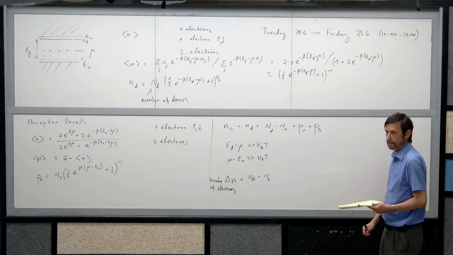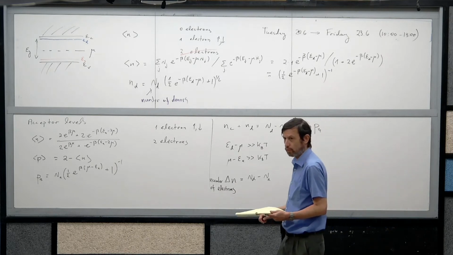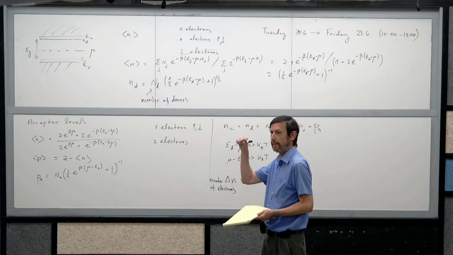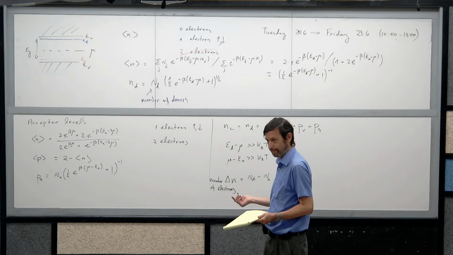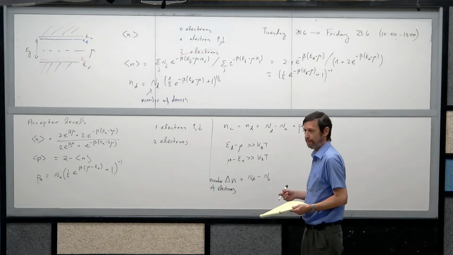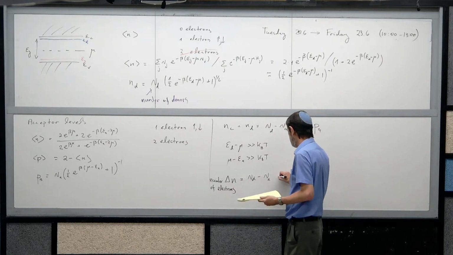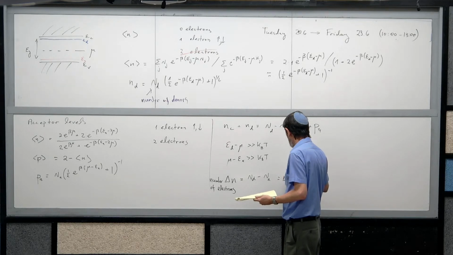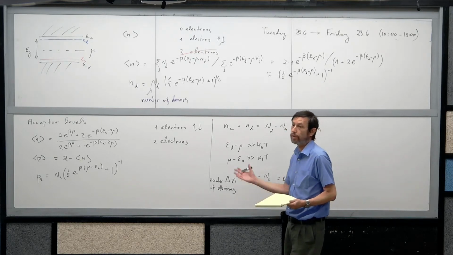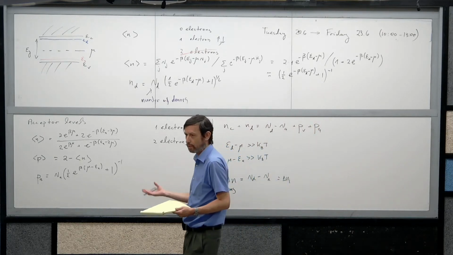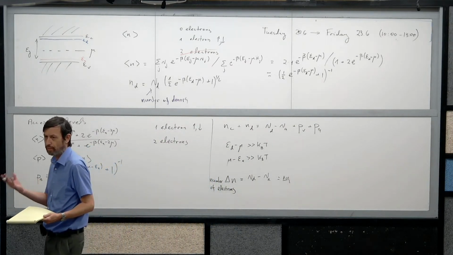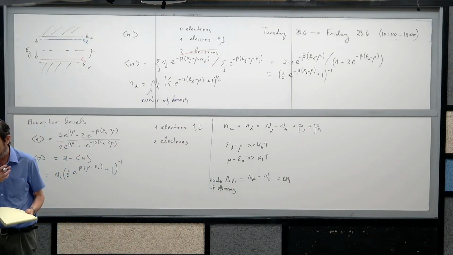We treated exactly this situation where we called it delta Ni. You remember in the previous lecture, we called it delta Ni, the intrinsic difference between the number of holes and number of electrons, where we didn't specify from where it comes.